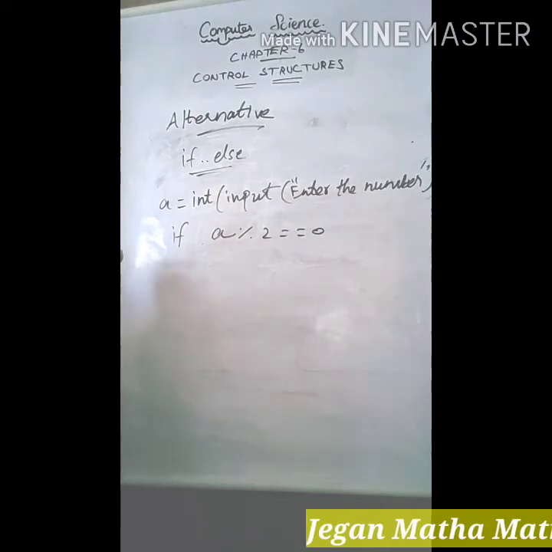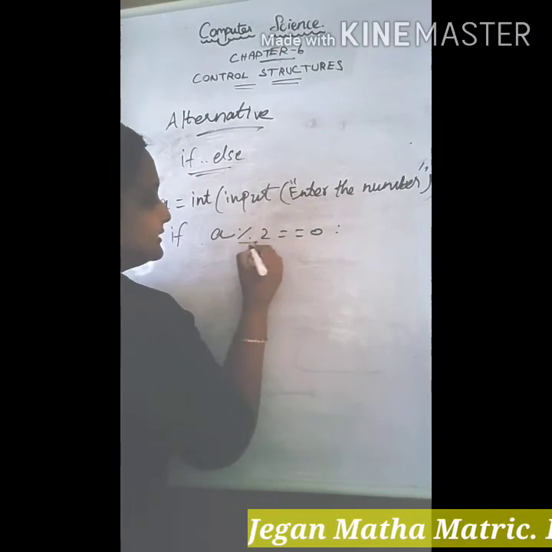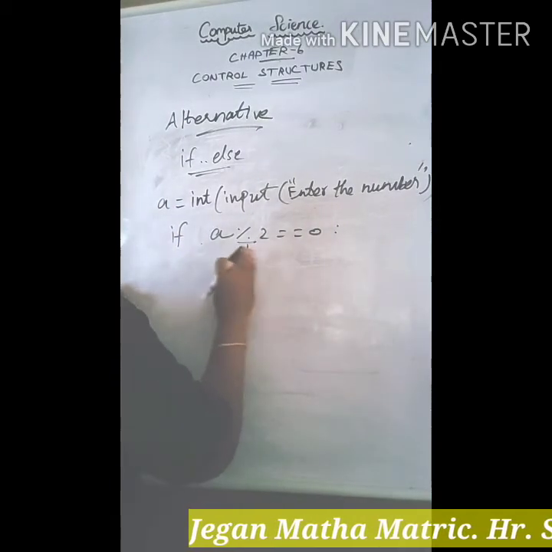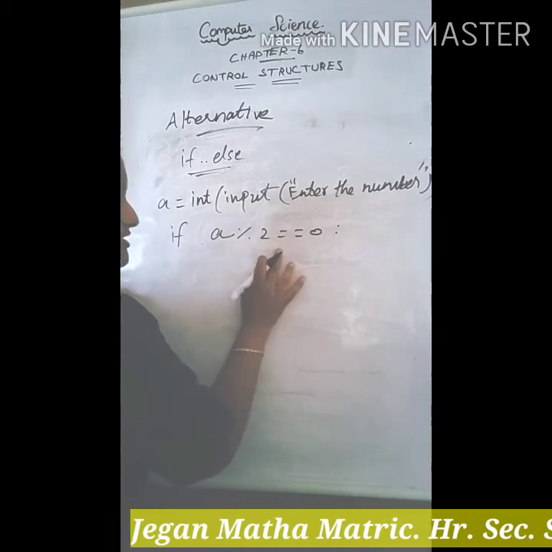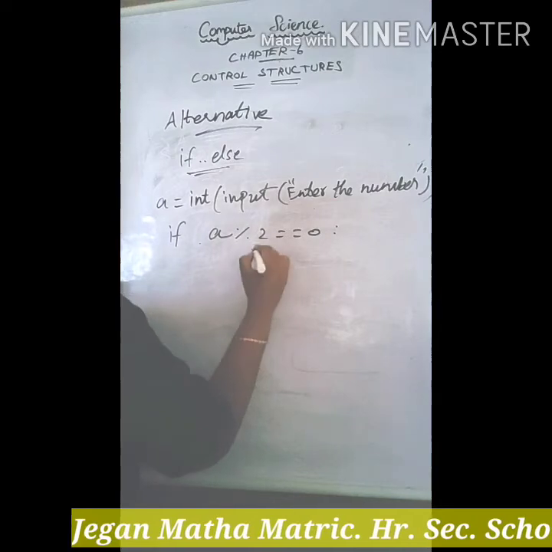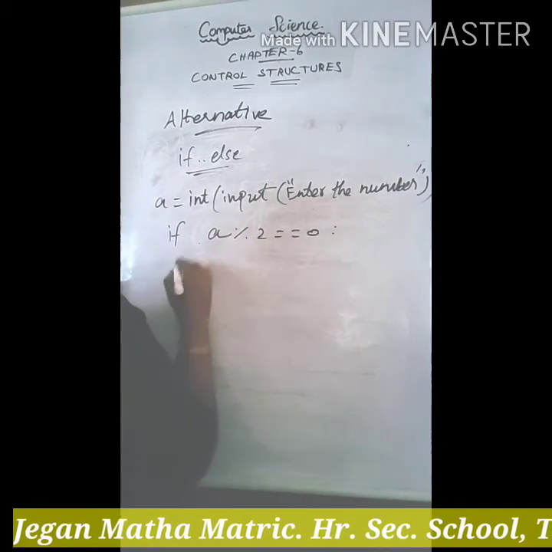Why do we use the modulus operator here? Because it gives the remainder result. So a divided by 2, and we check whether the remainder is 0.